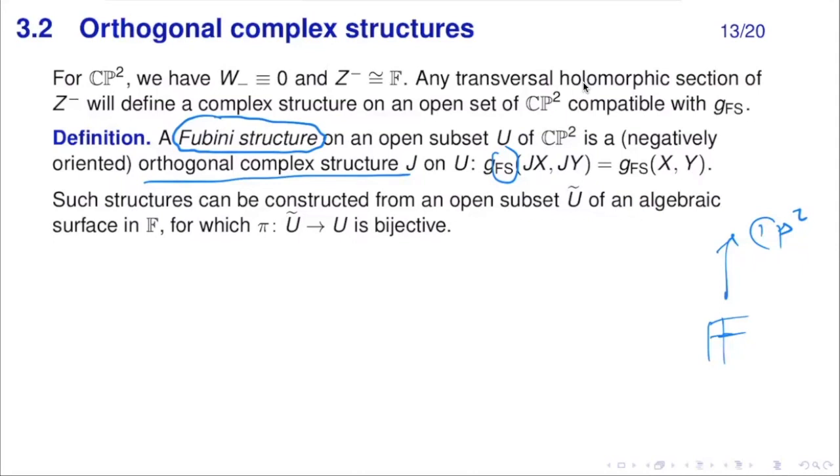So you can only have these sorts of sections if they're negatively oriented. And the point is that this is one motivation for studying these algebraic surfaces inside the flag manifold. So if you have one of these Hirzebruch surfaces, that will define on an open set of CP2 one of these Fubini structures, just an orthogonal complex structure, a non-standard orthogonal complex structure.